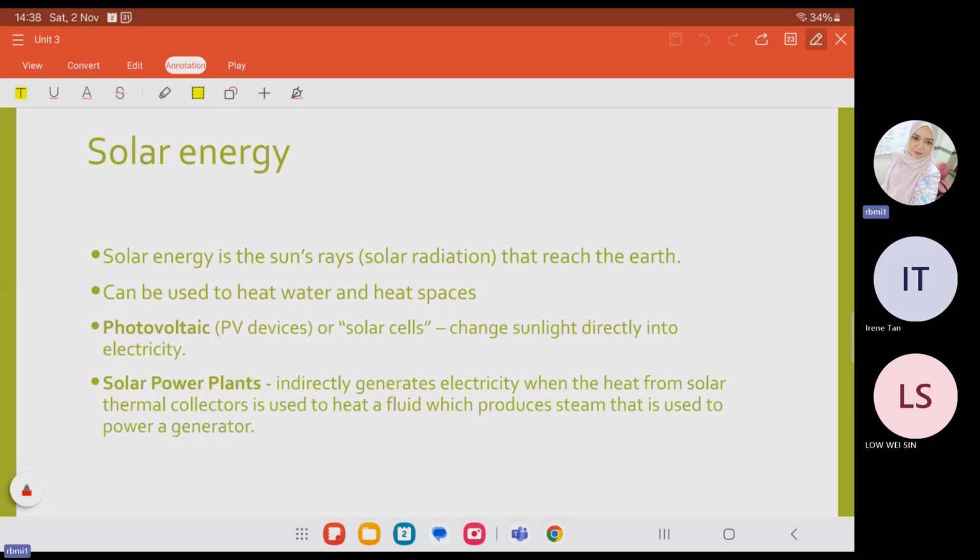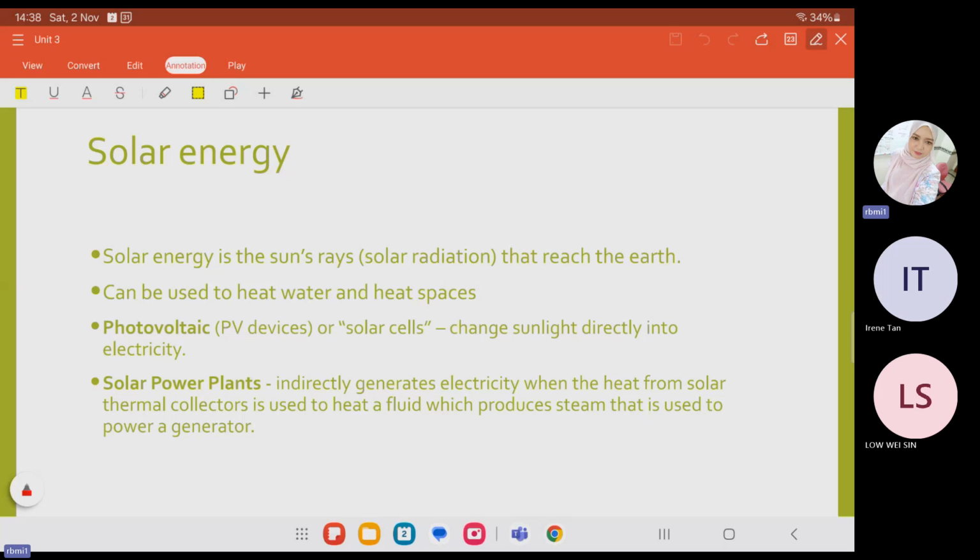There are advantages and disadvantages of solar energy. For the advantages, we can reduce electricity bills, and it has diverse applications. We also need low maintenance costs, and this is also good for technology development.